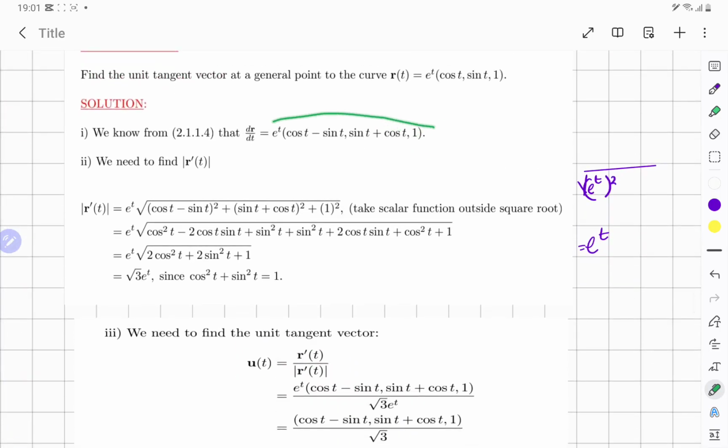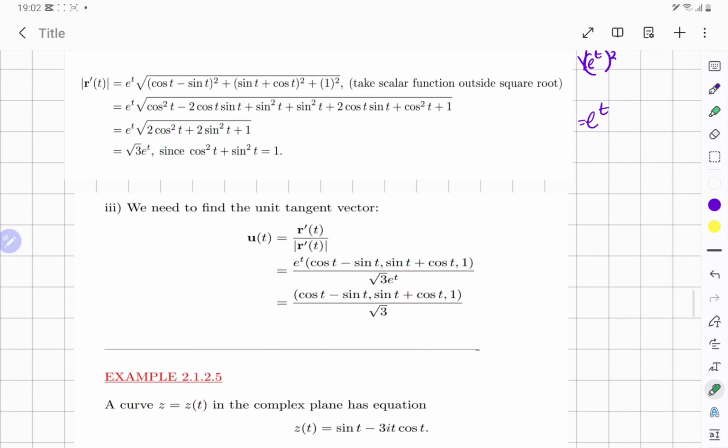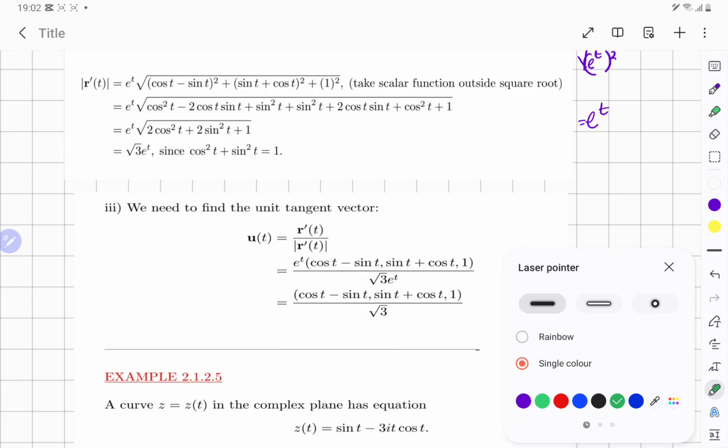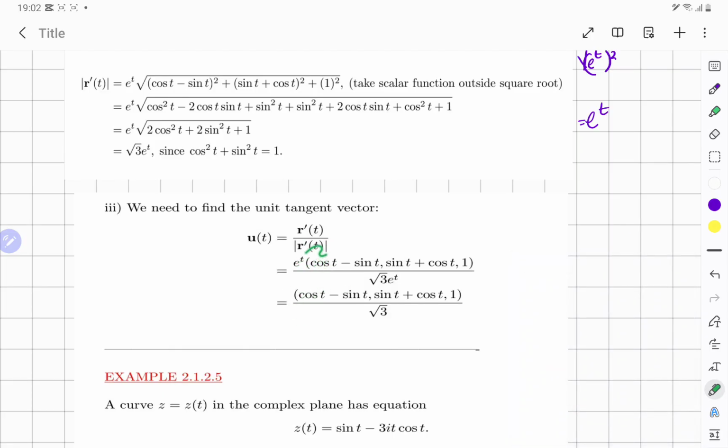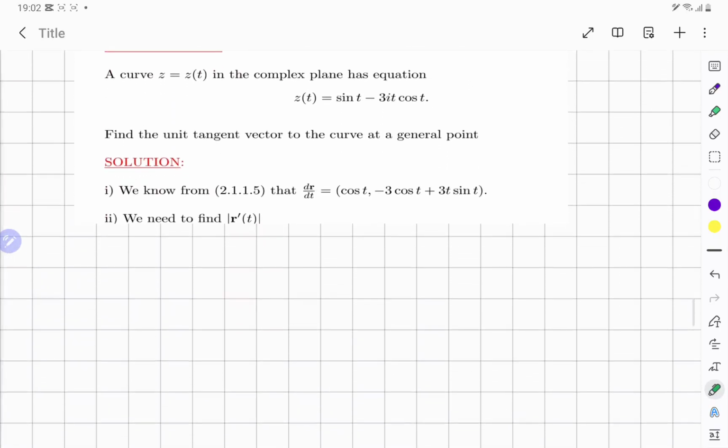You will take your derivative over the magnitude of your derivative. Now you can also see why I leave my scalar outside, because most of the time it makes the simplification easier. I can cancel, and there is my unit tangent vector.